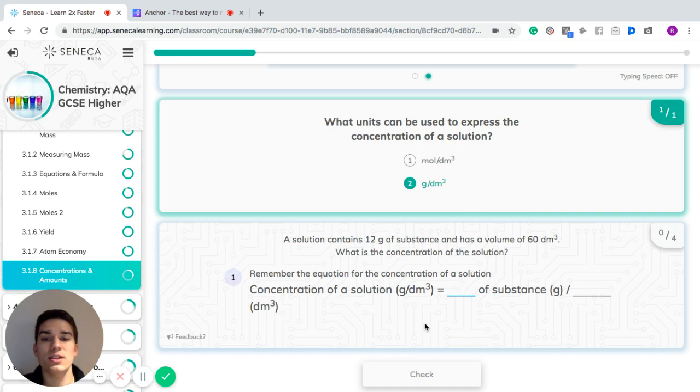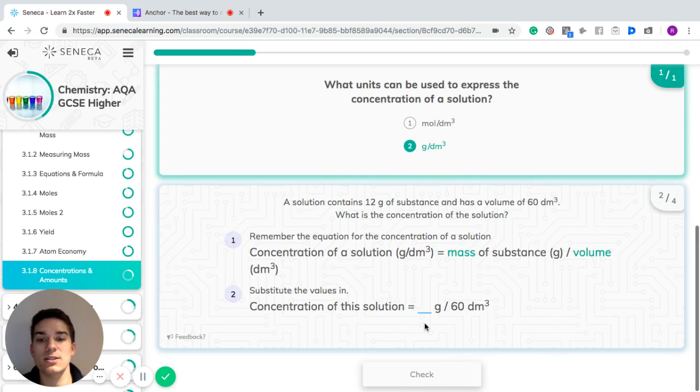Now, if a solution contains 12 grams of a substance and has a volume of 60 dm cubed, what is the concentration of the solution? So remember how to calculate the concentration. We're going to do it using the mass in this example because we're given the mass in the question. So the concentration of solution in grams per dm cubed will be the mass of the substance divided by the volume.